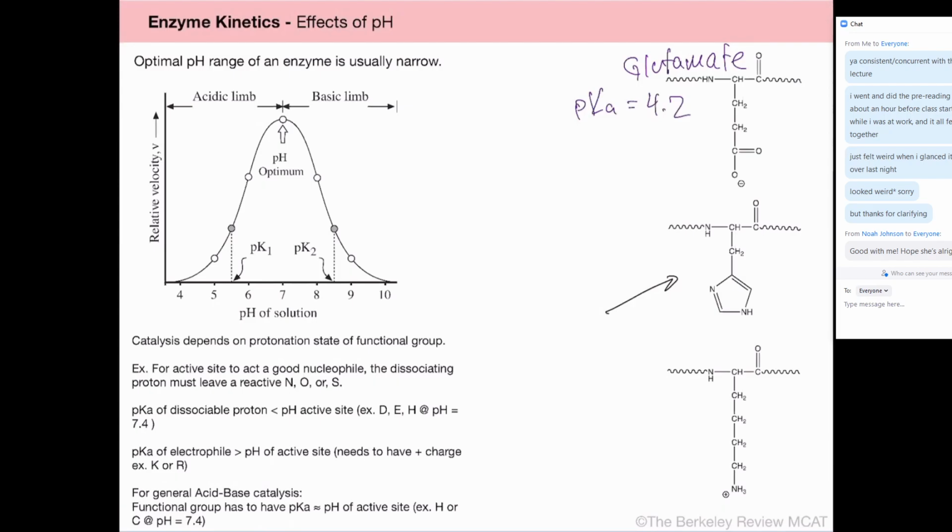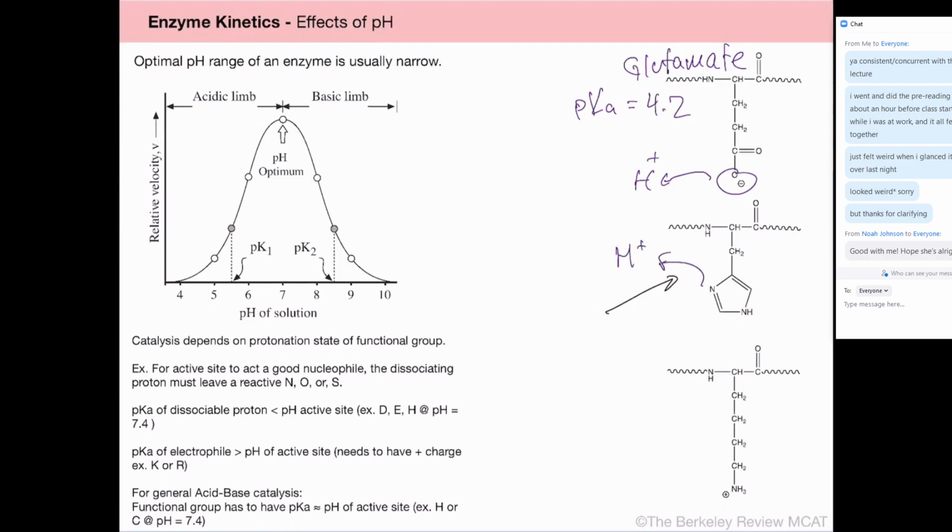So at a pH of 7.4, it can actually act as a base, and it can grab a hydrogen. Similarly, histidine, which is this one, can also act as a base at a pH of 7.4, and it can grab a hydrogen.